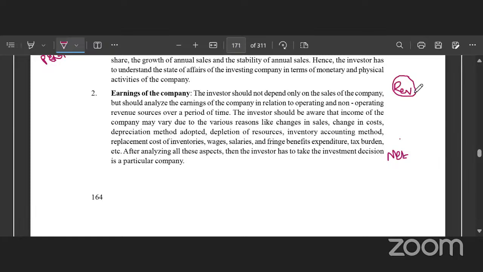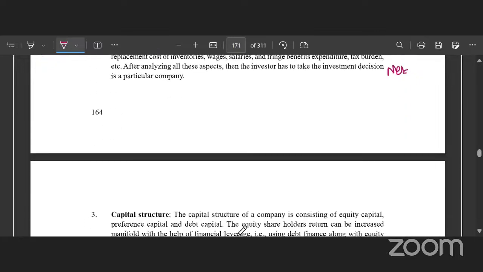You might be selling a huge quantity of goods and services, and your sales will be high, but that doesn't mean you are a good company. You might have the highest sales, but your net profit may not be good because of the cost structure. Maybe the salaries are high, or you are paying higher prices for raw materials, or other expenditure is high. So the analyst or the investor should take care of the top line as well as the bottom line, which is net income. The tax burden, everything should be deducted to get the net profit.